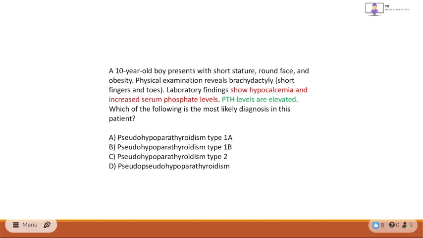Parathyroid hormone levels are elevated. Which of the following is the most likely diagnosis in this patient? What do you think? Is it pseudohyperparathyroidism or pseudohypoparathyroidism? The one we talked about is type 1. Pseudohypoparathyroidism, right? Because parathyroid hormone levels are elevated, with hypocalcemia and increased phosphate levels.